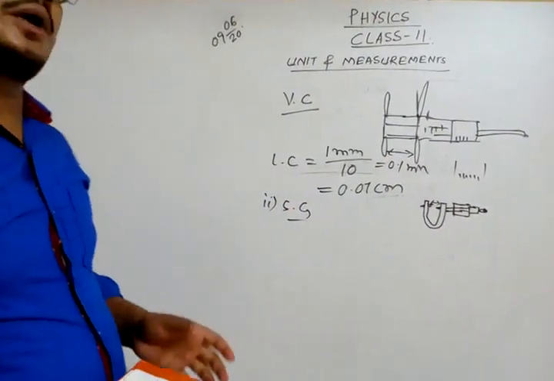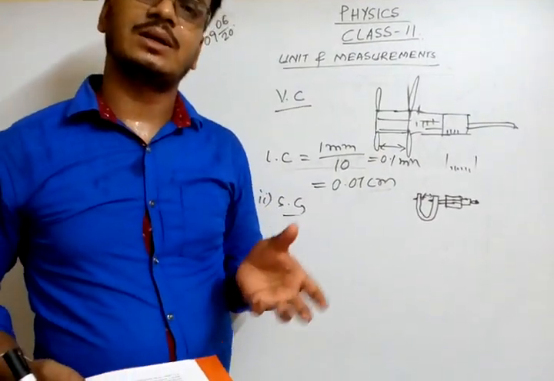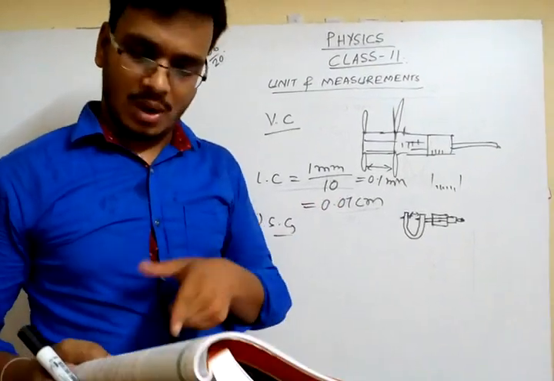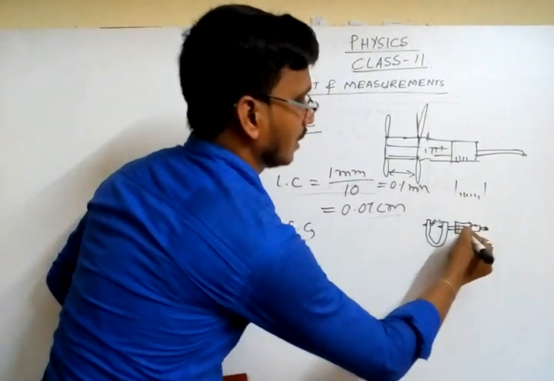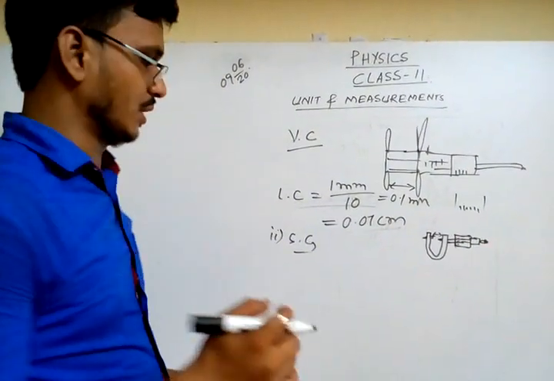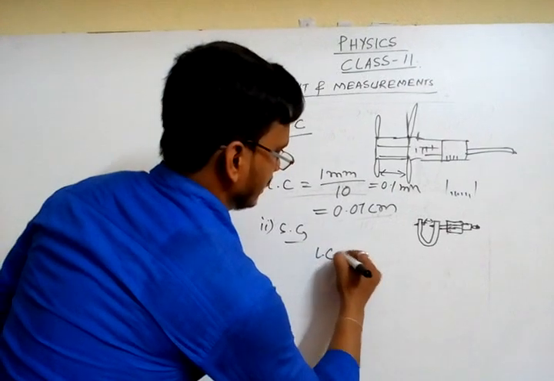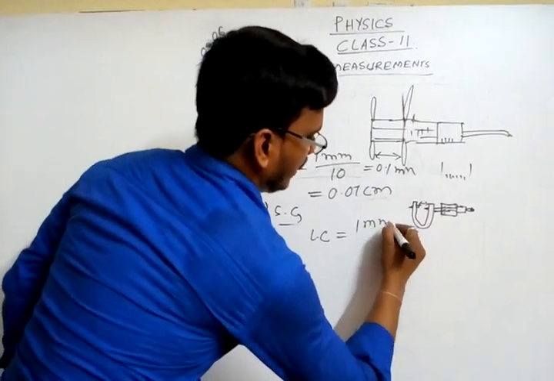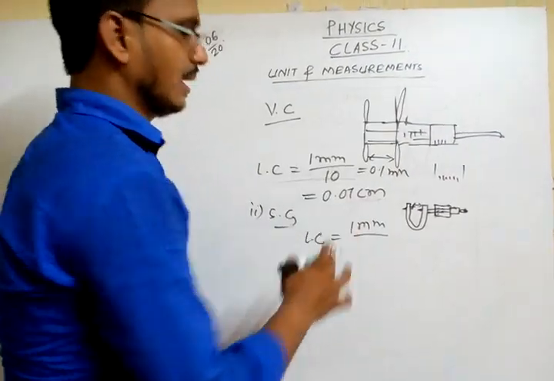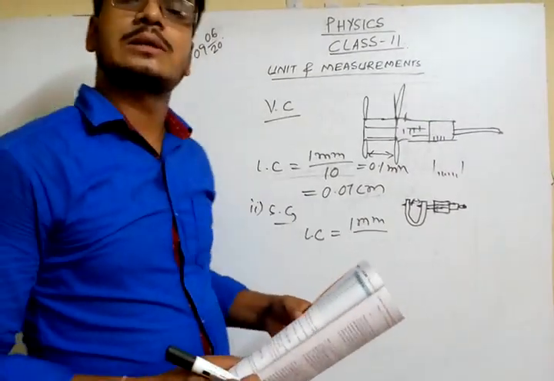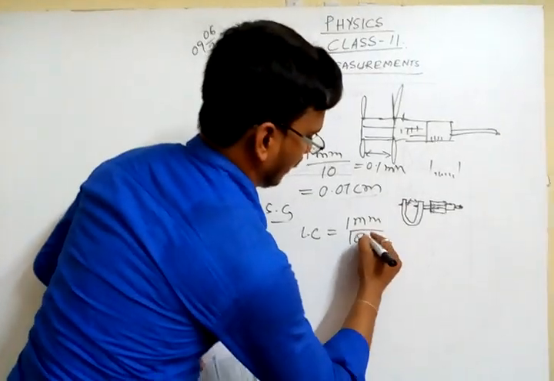Using the screw gauge, we can measure a minimum distance of 1 millimeter on the main scale, and the total number of circular divisions is not 10, it is 100. So the least count equals 1 millimeter, the minimum main scale reading, divided by the circular scale divisions, that is 1 by 100.